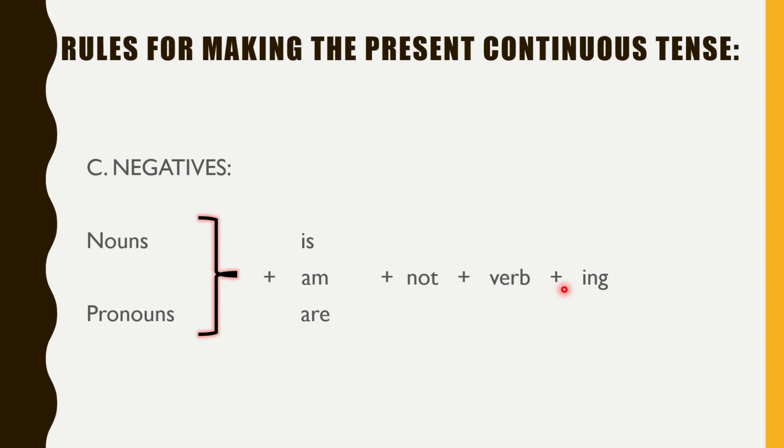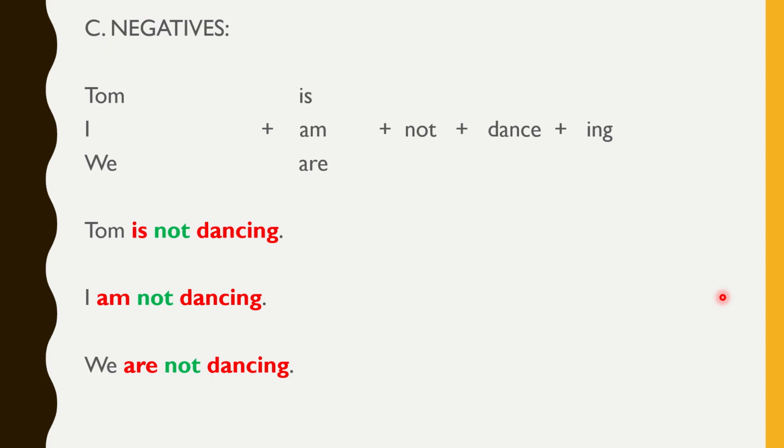Thirdly, for negative statements or negative sentences, we put the noun or the pronoun in the beginning. To that, we add an is or an am or an are, as the case may be. To that, we add a negative word here, not. Then the doing word, the verb, plus an ing, like so.